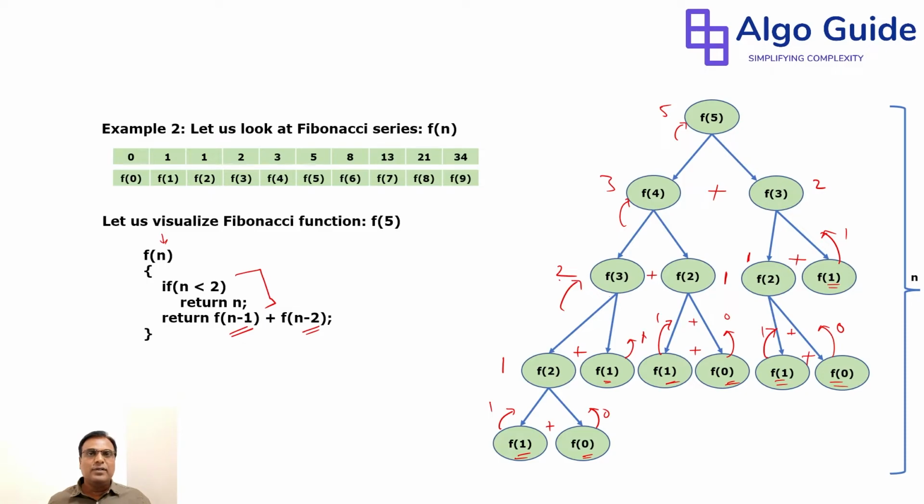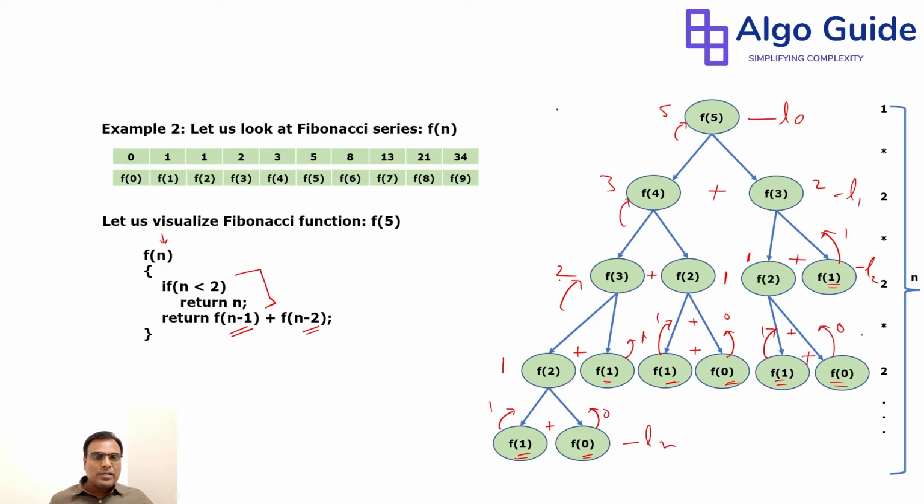The height of the solution tree is n, and the levels are level 0, level 1, level 2, and so on till level n. At each level, each function calls two subfunctions, that is f of 5 calls f of 4 and f of 3, that is n minus 1 and n minus 2.